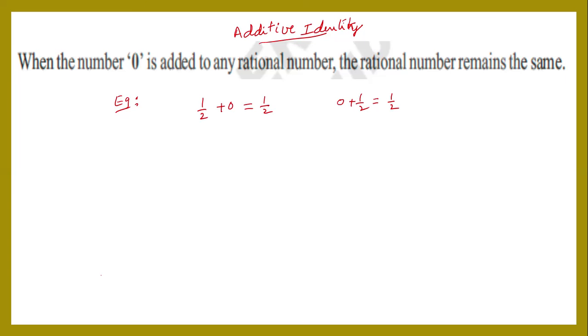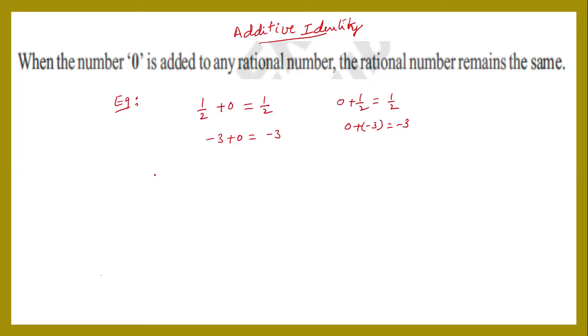That means if we add 0 to any number, we get the same. One more example: minus 3 plus 0 is also minus 3, and 0 plus minus 3 is also minus 3. Then we conclude that if we add 0 to any rational number, we get the same.